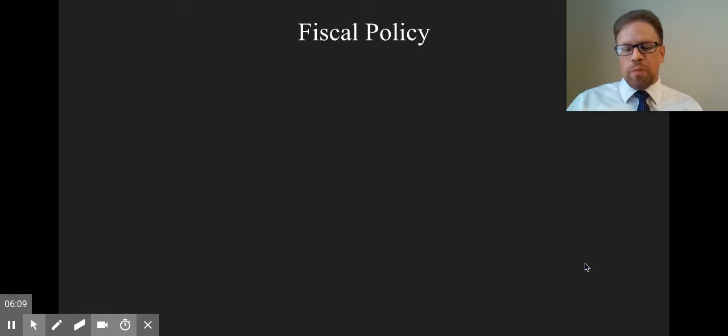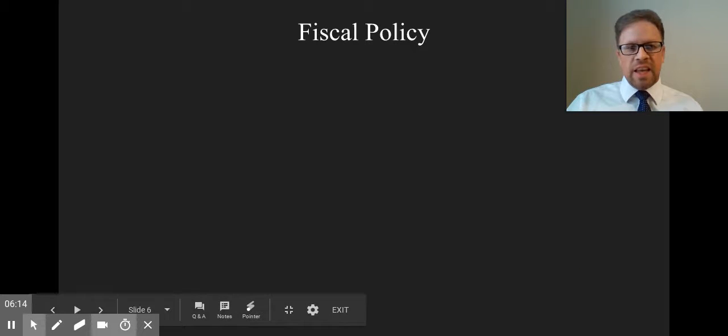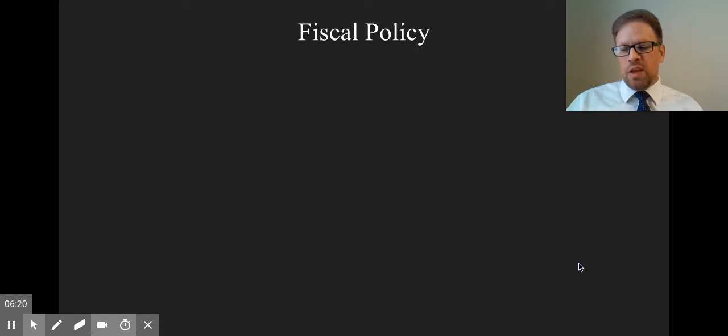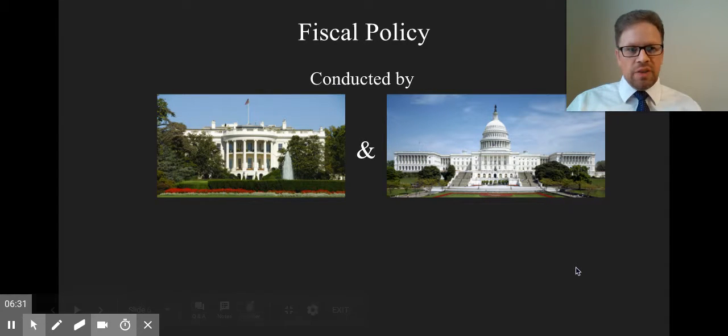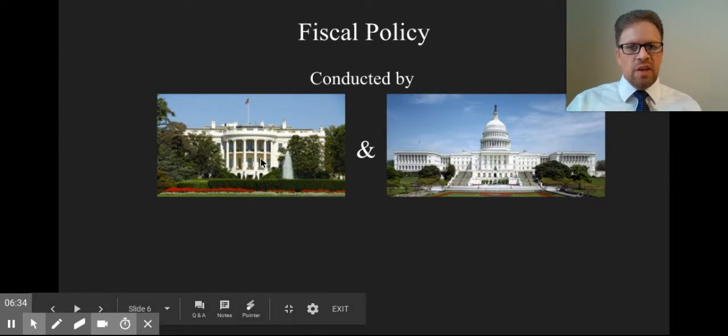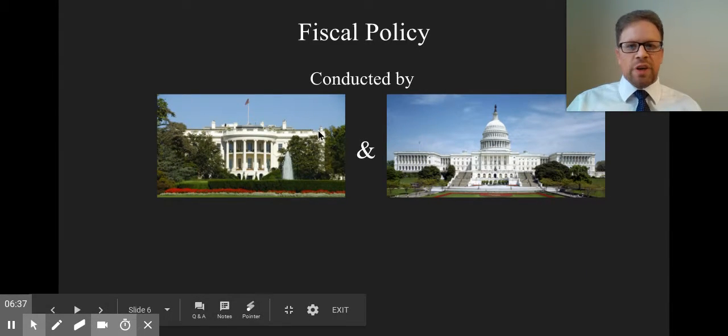Now, fiscal policy involves the use of national government spending and taxation programs to affect the level of economic activity in such a way to promote price stability, maximum employment, and reasonable economic growth. So, with fiscal policy, the President and Congress actually conduct fiscal policy, at least at the federal level. So whenever we talk about fiscal policy, we're talking about the President and Congress working together.